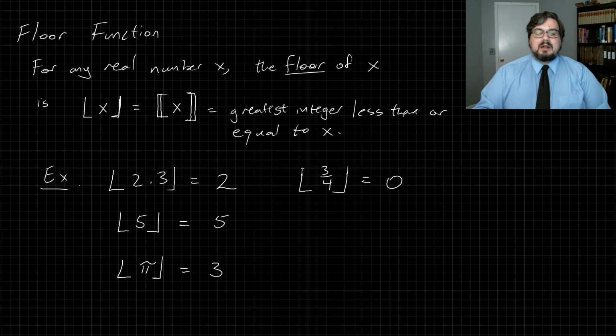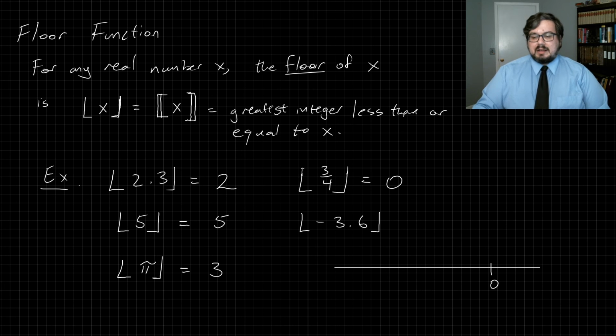And the place where we do have to be a little bit careful is when working with negative numbers. So what's the floor of negative 3.6? For this, remember that we can use the number line to keep track of what's greater and what's less. So let's say we've got -1, -2, -3, -4.